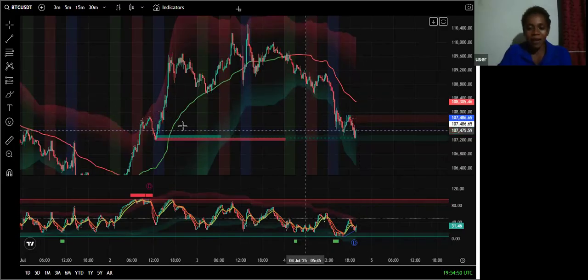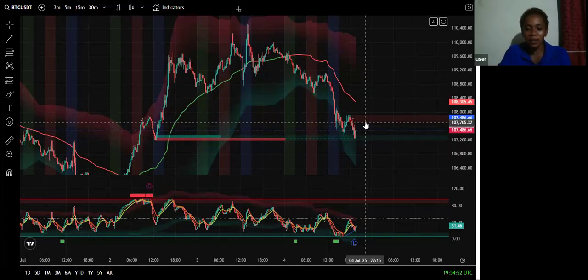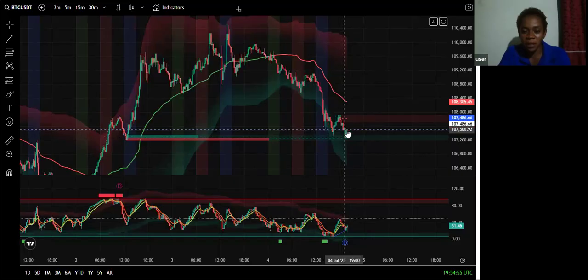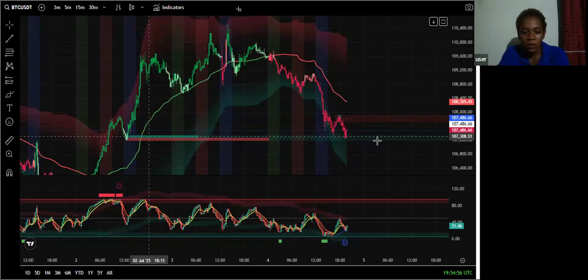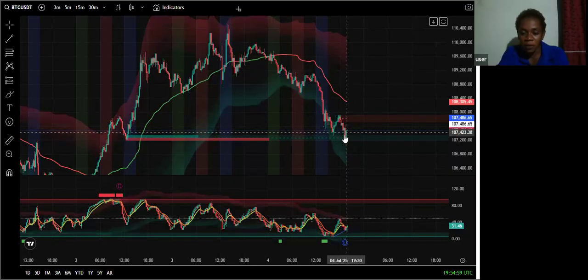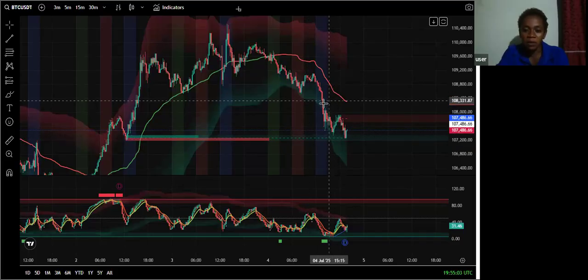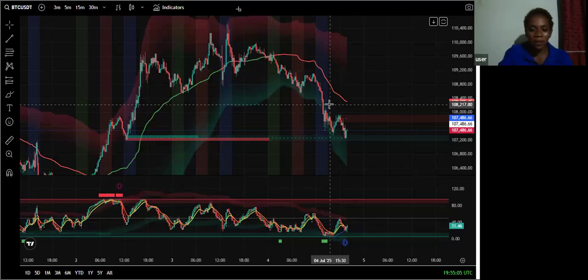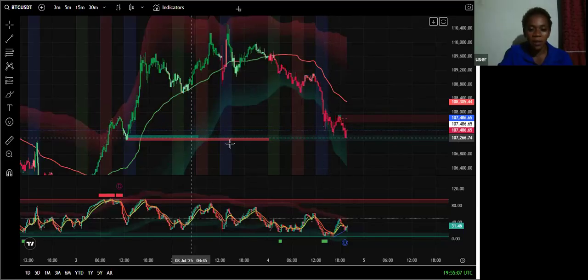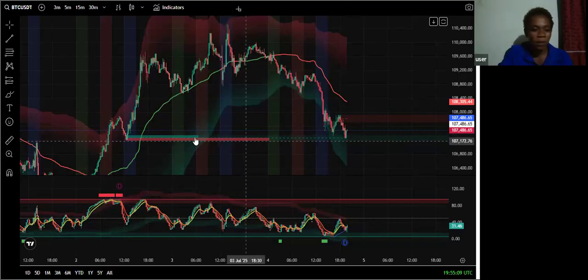Like this zone right now, let's say this market has not come to this zone, this particular recent market now. Let's say it hasn't tapped into this zone, and probably we saw this sell at this point. Automatically, we know this zone is a virgin zone. Nothing has come into it.